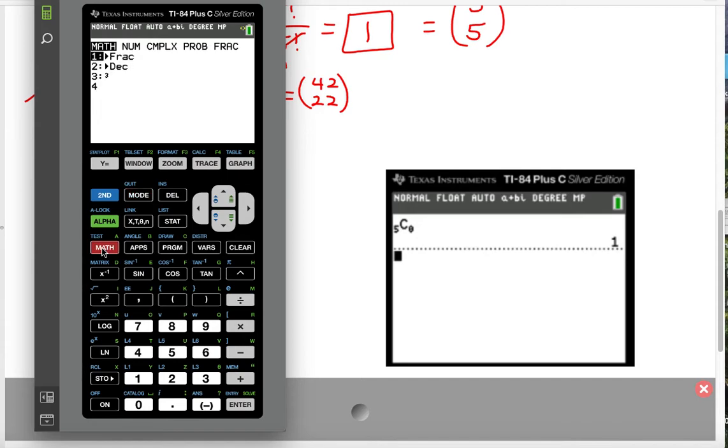So you press the math key and you go over to the probability submenu and you see number 3, nCr. Now, before you actually grab that command, you have to put in the n number first. So let's say I do 8, and then I go math, go over to the probability menu, go down to number 3, 8 choose 5, and we know this answer should be 56, and sure enough we get 56.